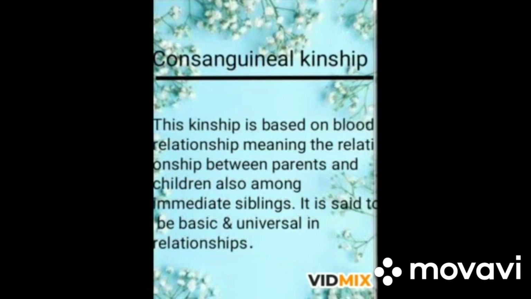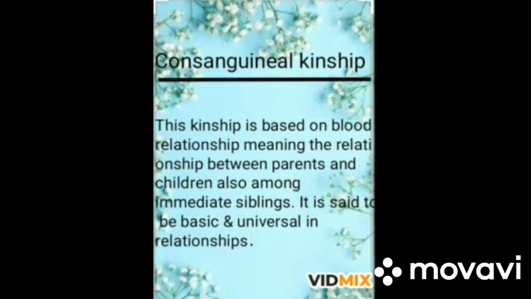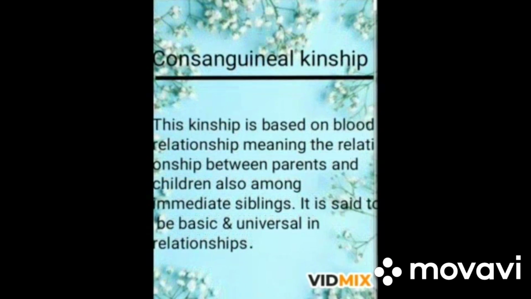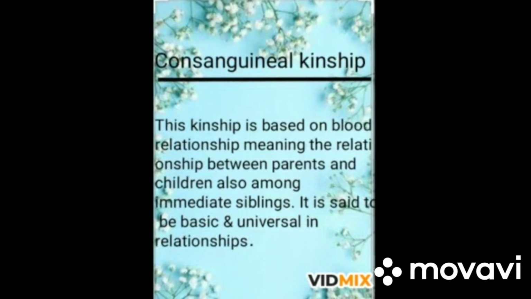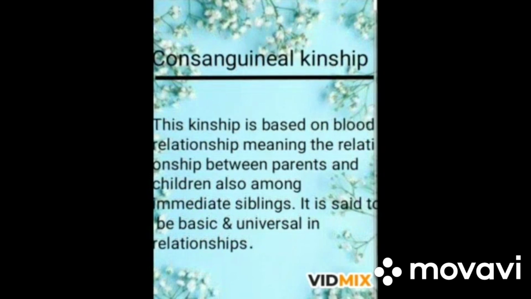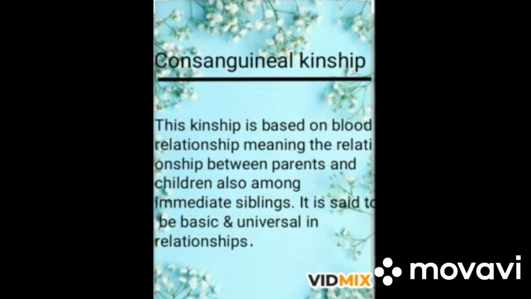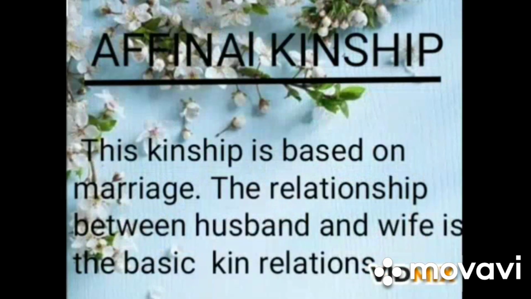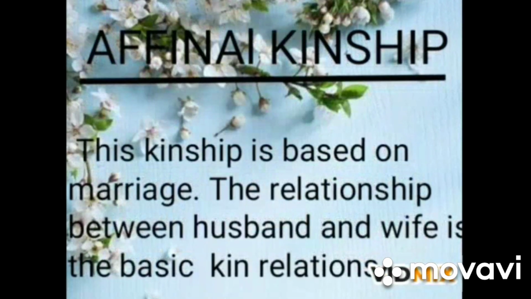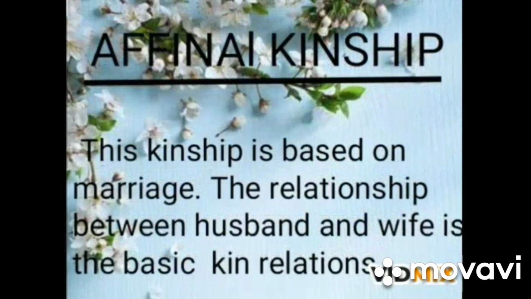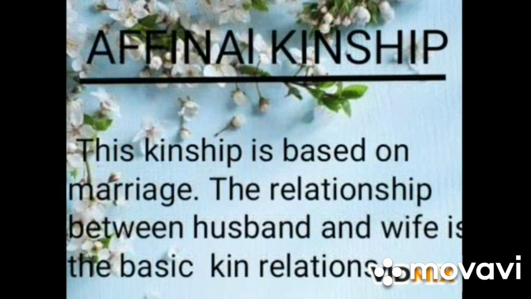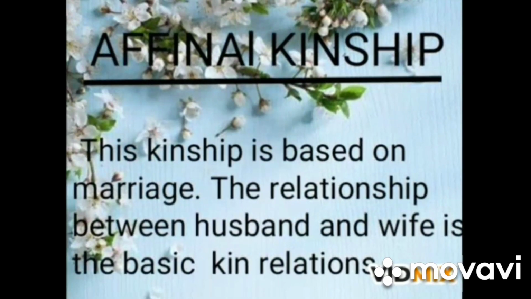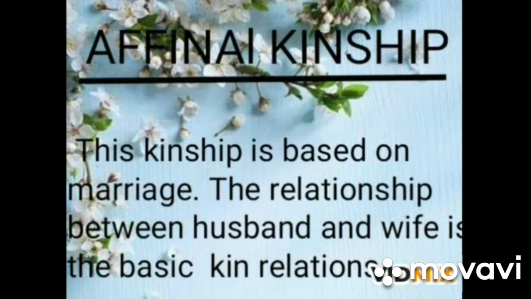This kinship is based on blood relations, meaning the relationship between parents and children, and also among immediate siblings. Affinal kinship is based on marriage. The relationship between husband and wife is the basic kin relation.